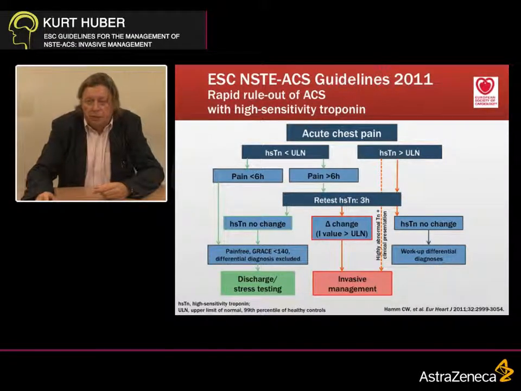But if the patient has a positive troponin in the initial measurement, in this situation the patient has to go to an invasive management, and it depends on different variables whether this has to be immediate or whether you can have some time to do these investigations.